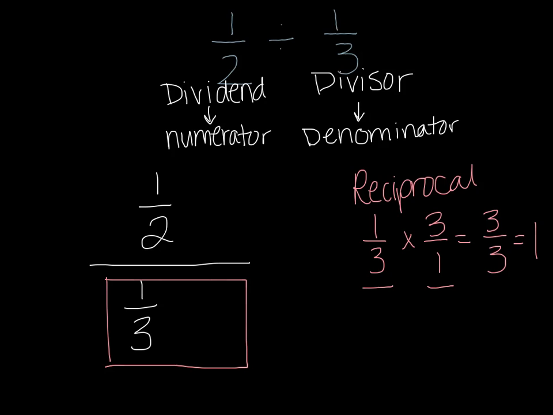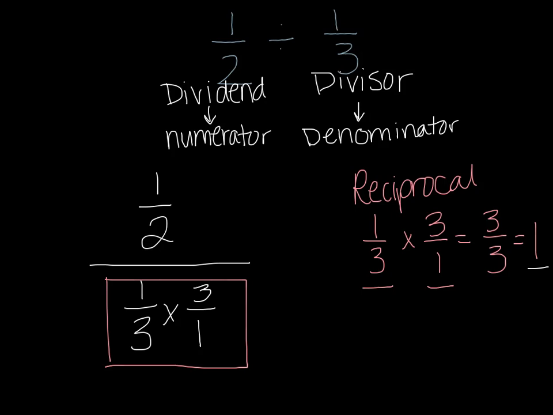And that's exactly what we are going to do here. We are going to set the denominator equal to 1 by multiplying by the denominator's reciprocal. So we're going to do 1/3 times 3/1, or 3 wholes, in the denominator.